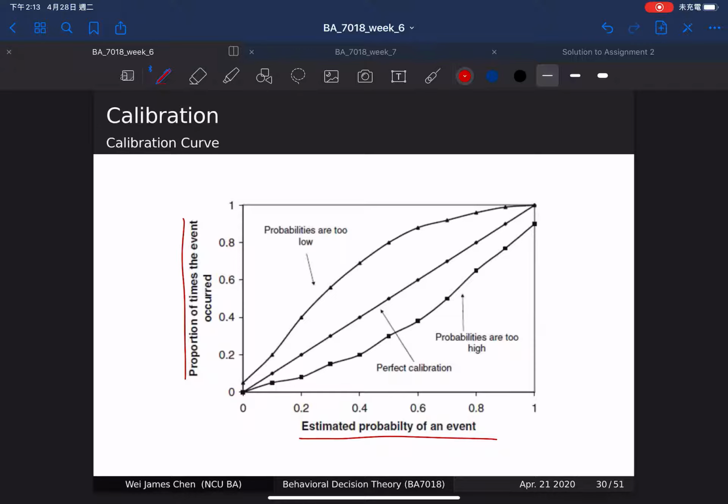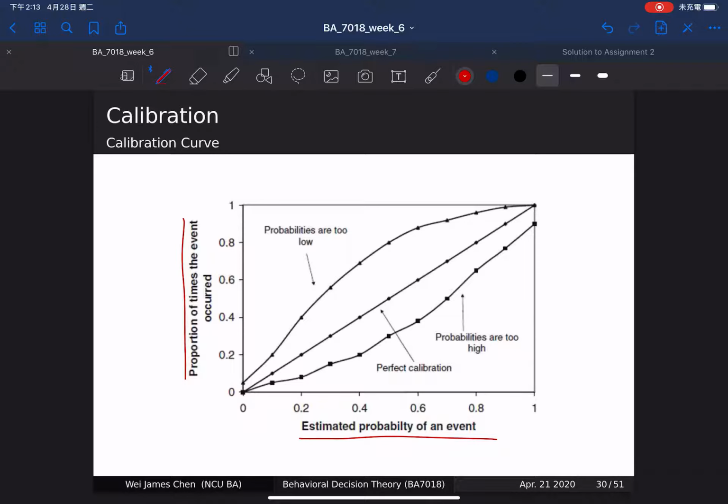So in plain English, you collect all the past weather forecasts that say tomorrow's raining probability is going to be 10%, for example, and then you look at the days after that, what is the average chance that it actually rained?